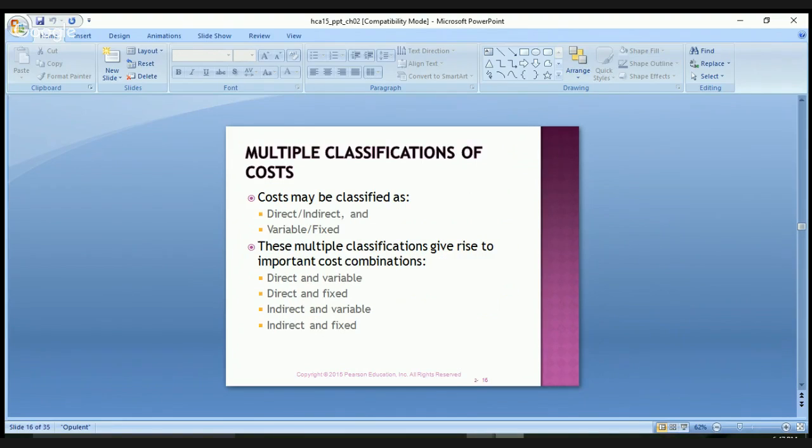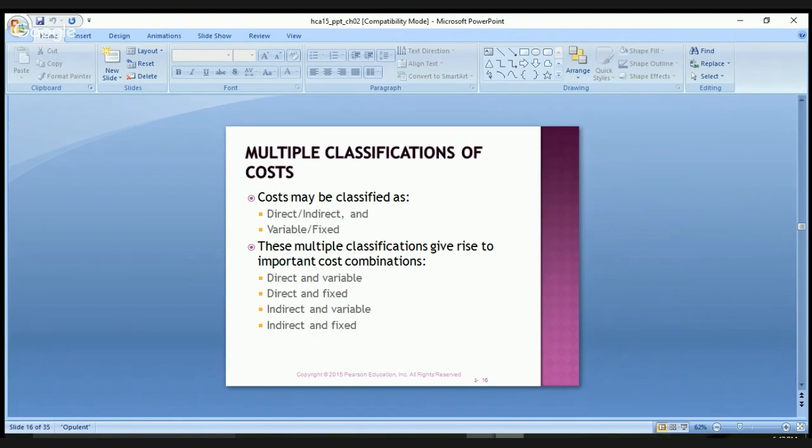Cost may be classified as either direct or indirect, and then variable versus fixed. We're on page 36. Okay? So when you're dealing with costs, you're going to have two classifications for each cost. They are either direct or indirect.